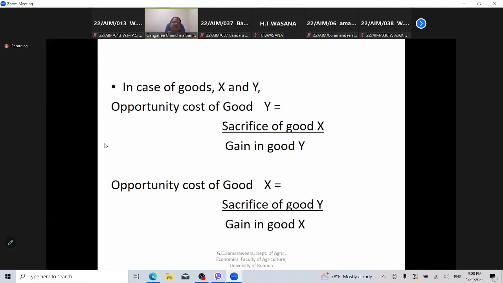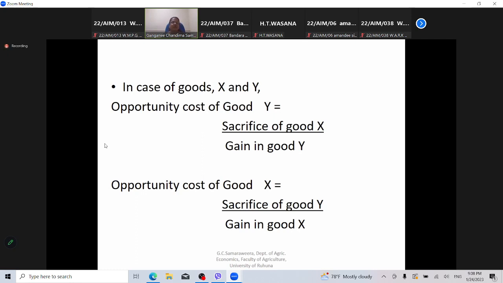Then you sacrifice this one. Then the laptop price should come up as the numerator. Then the denominator is the mobile phone value, if you are giving values.